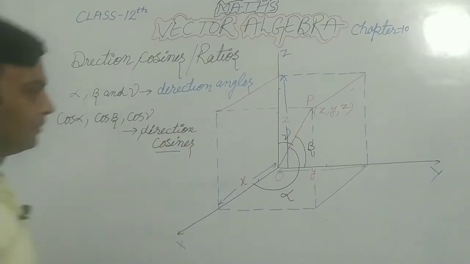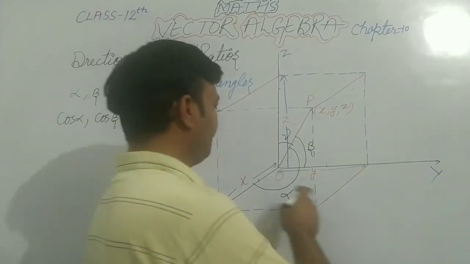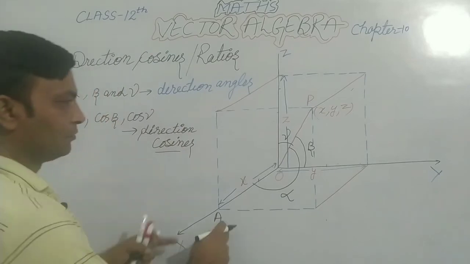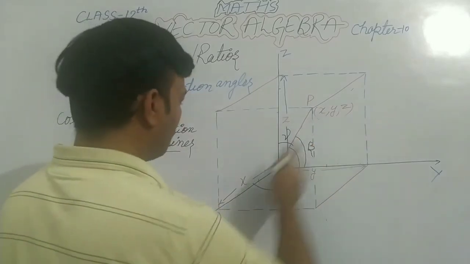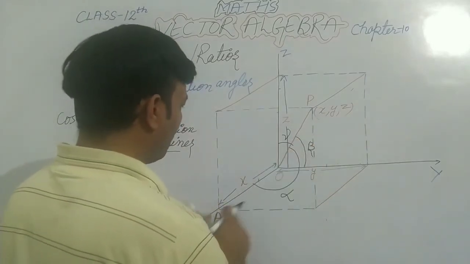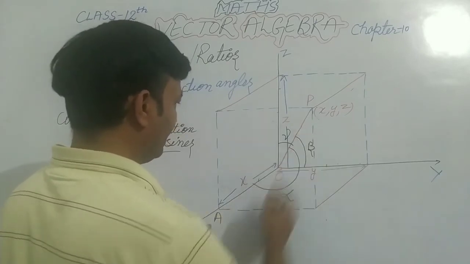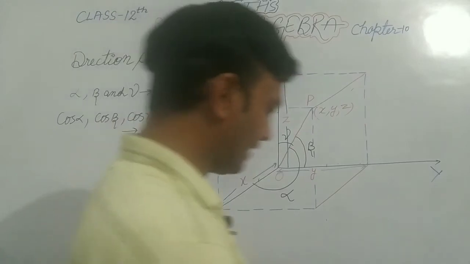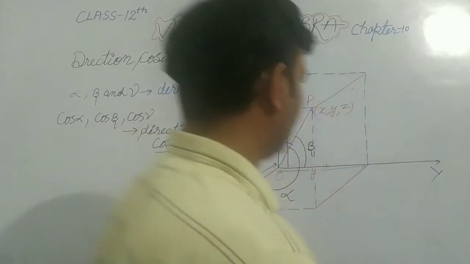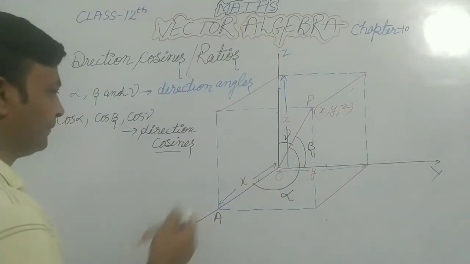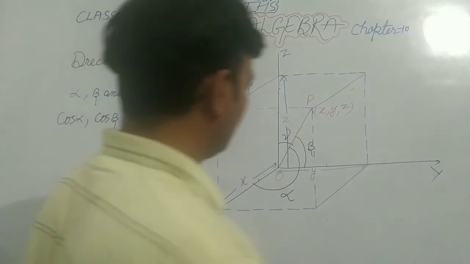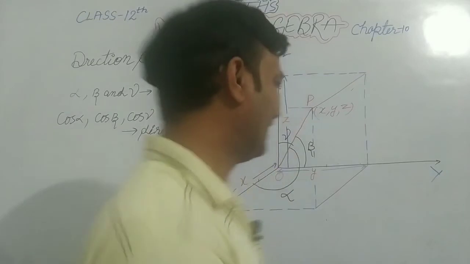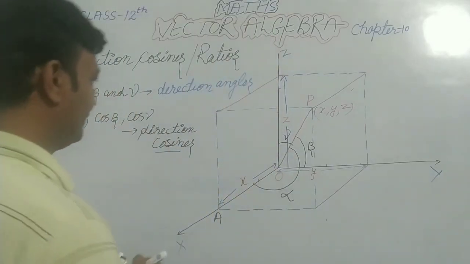So if we take a point A over here, we get triangle OAP. It is imagination only. 3D and vectors are imagination only, not a basic concept. If we know imagination very well, we can easily understand this concept.